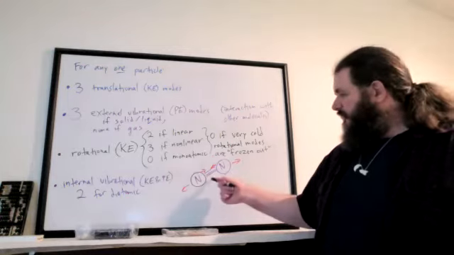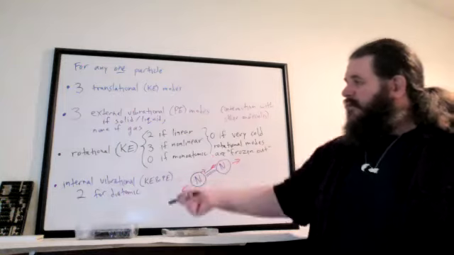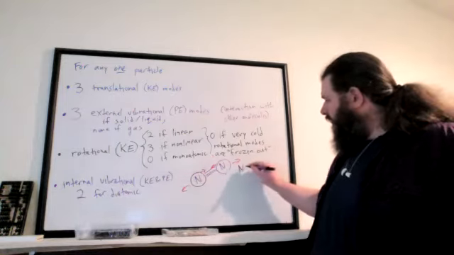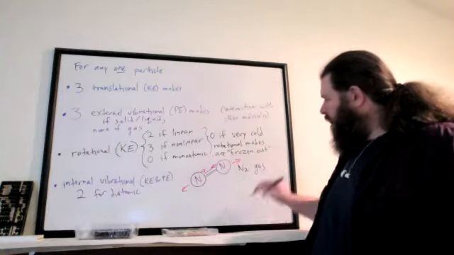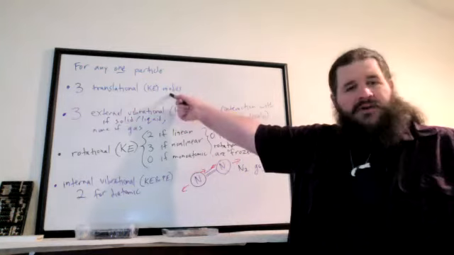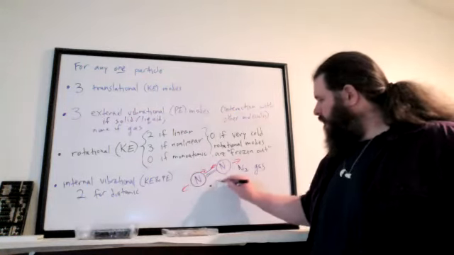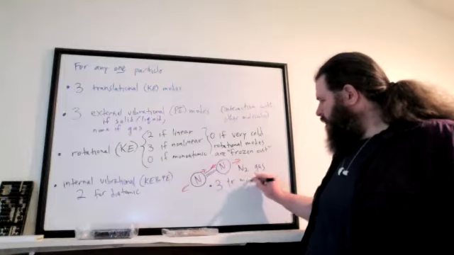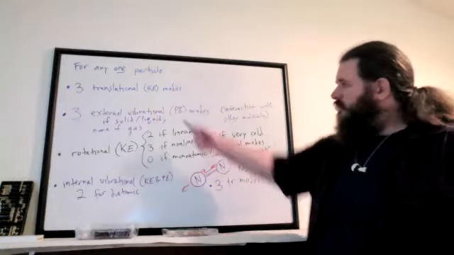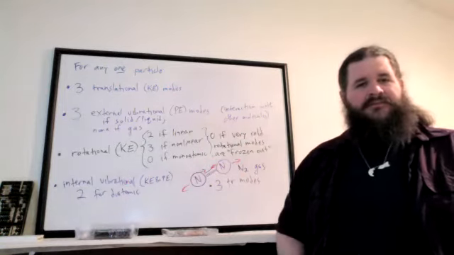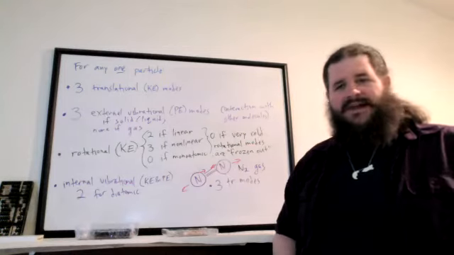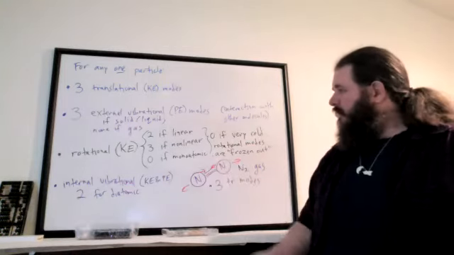So this nitrogen molecule, if we wanted to count up all of its modes, let's say we've got N2 gas. We've got to include the 3 translational modes. Should we include external vibrational modes? No, not if it's a gas. So we would ignore those.